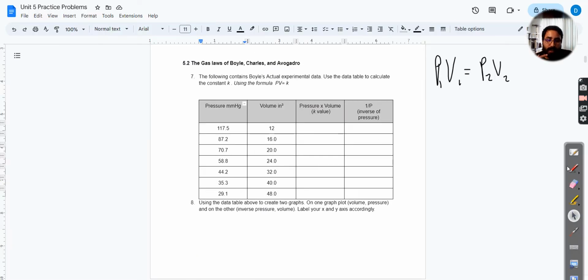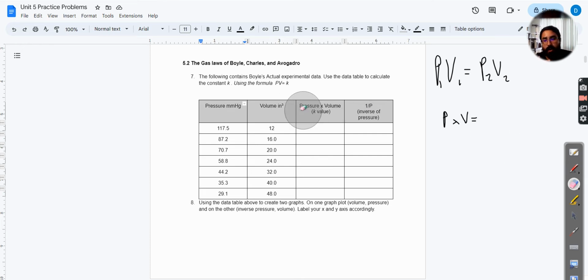So this is actual data that Boyle collected, and I'm going to show you how he came up with this gas law. While trying to find an explanation for what he was observing, he multiplied the two values, pressure times volume.